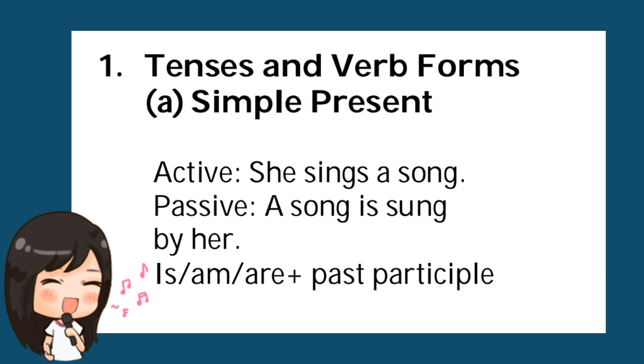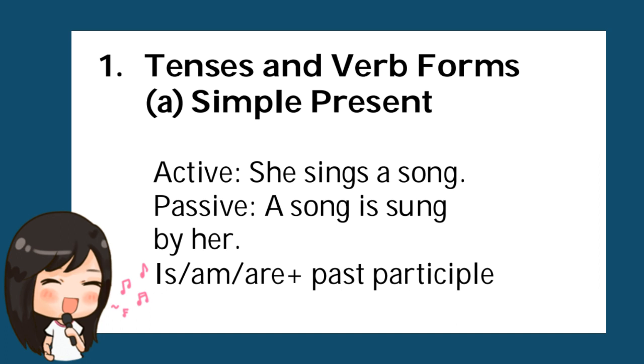Next change we made: the verb which was used in simple present tense is changed to its passive form, and it became is sung. Sings became is sung. So while we change an active voice simple present tense sentence into passive voice, we should use the verb form in this way: is or am or are plus V3 form, or past participle form.